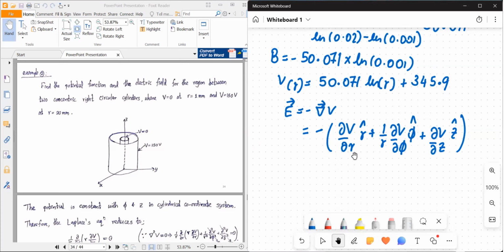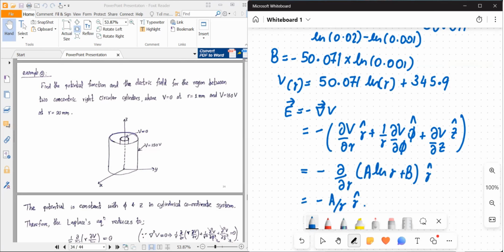Then we only need this term. So E is equal to minus ∂/∂R of (A ln R plus B) in the direction of R. Here we will get minus A over R in the direction of R.